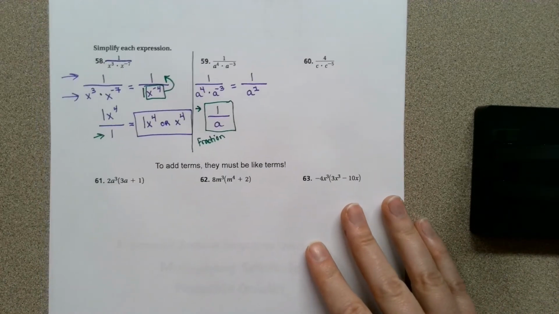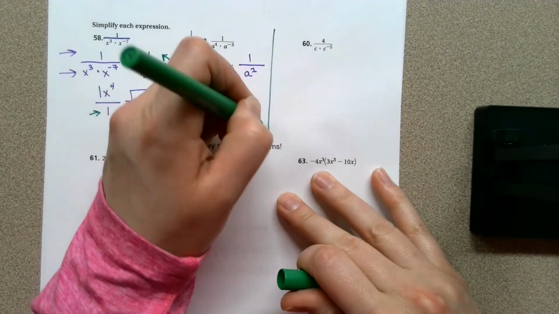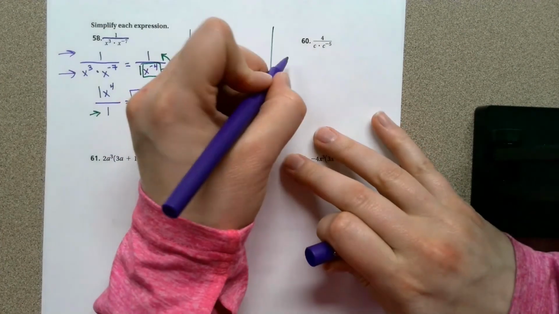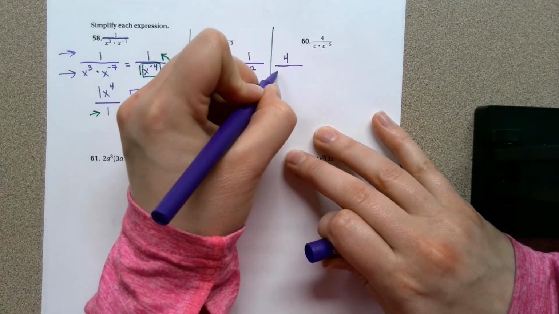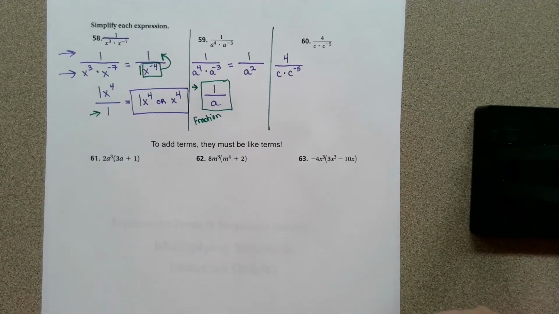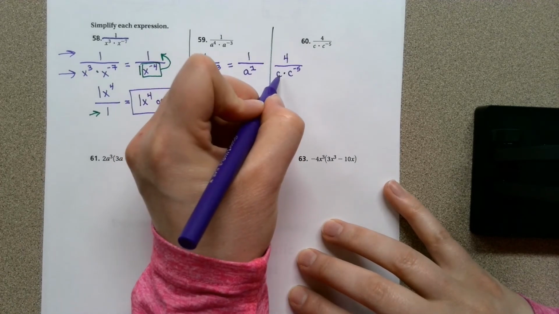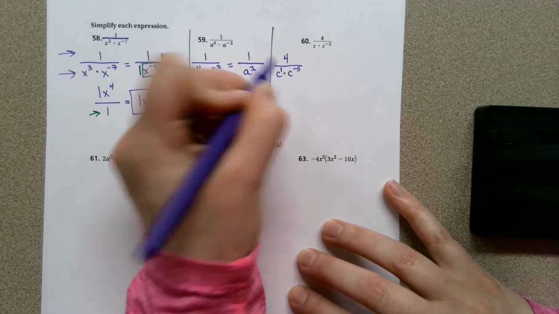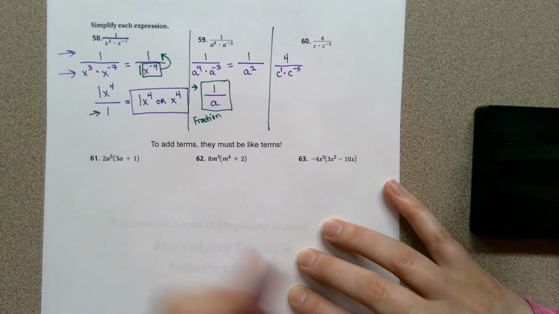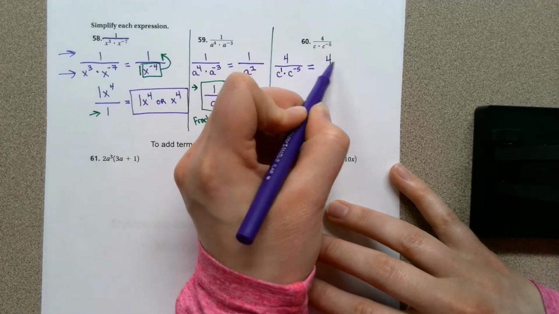If we look at 60, I'll write it again so it's more visible. We have 4 over c times c to the negative 5th. Again, we want to combine any like bases by adding their exponents. This c right here has an exponent of 1, and that's why it wasn't written. But the c was still there. From there, we have 4 over.